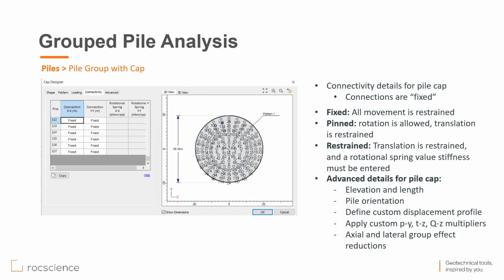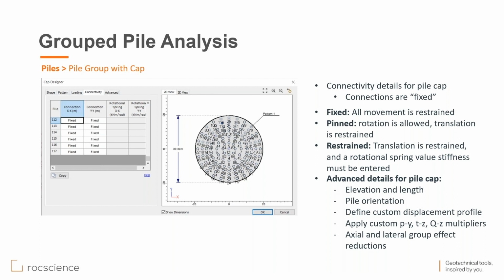The connectivity issues are resolved in the connectivity tab. What fixed means is all movement is restrained. No translation, no rotation at the point of pile and cap joints. In a pinned connection, rotation is allowed, but translation is restrained.